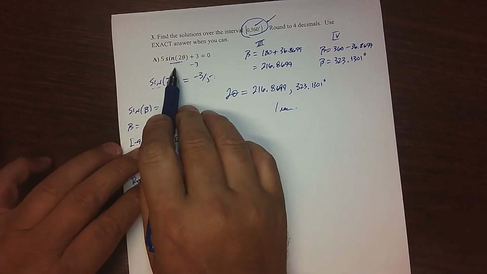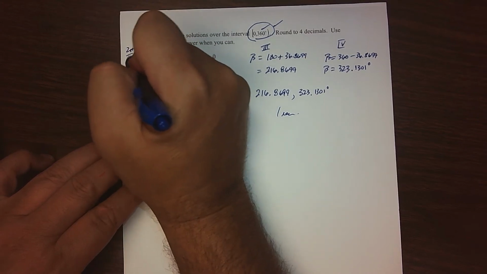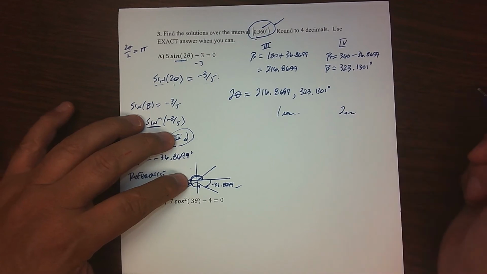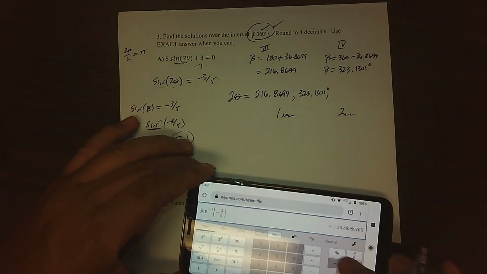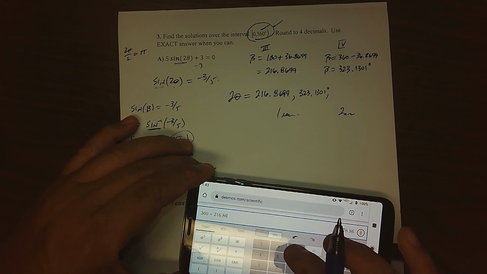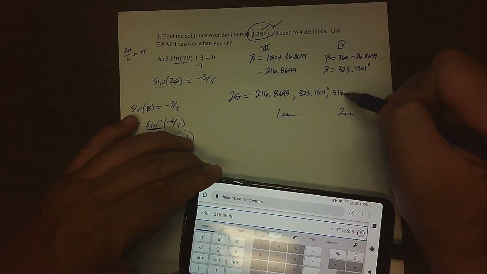But since my period has changed, going from 2 pi to pi, that means we actually have to go a second revolution out. So just add 360 to this. If I take 360 and add 216.8699, then what we get is 576.8699.